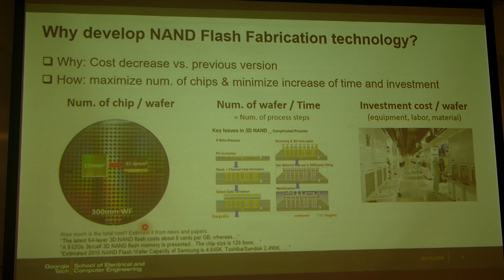And how many chips are there in just one wafer? We can also know that from the chip size. The chip size is more than 100 millimeter square, and one wafer, how large is it? 12 inch.